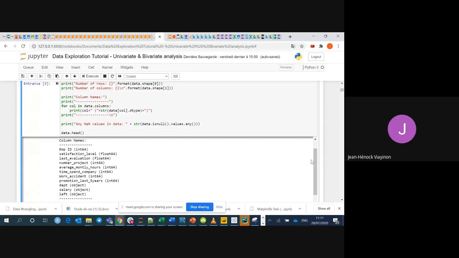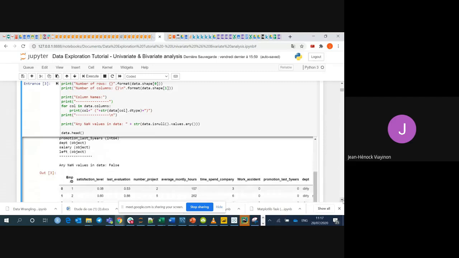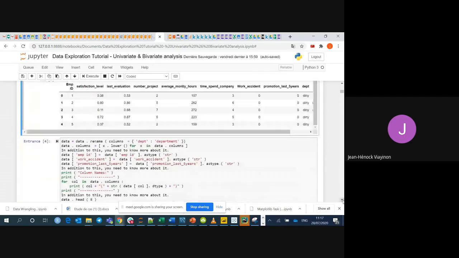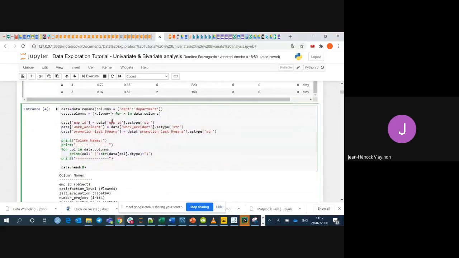We have many columns we can explore for univariate or bivariate analysis. Here I'm also formatting some columns; for example, I wanted all the column names to be lowercase, so I wrote it like that. The code is not the problem.